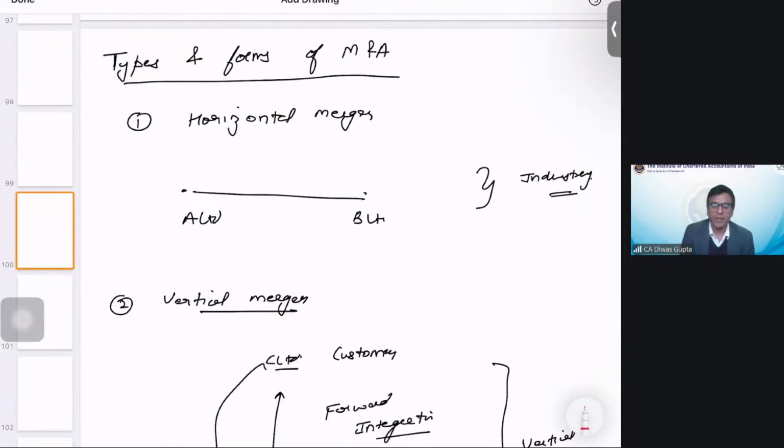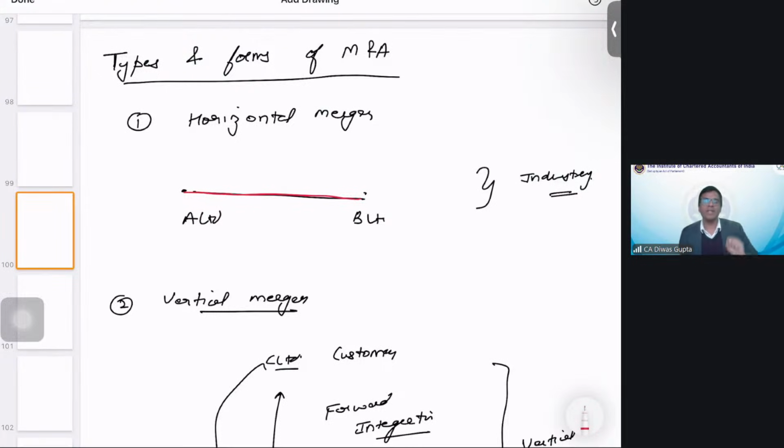Okay, then let's also discuss the different types and forms of mergers and acquisitions. What are the different types and forms of M&A? The first one is horizontal merger. Horizontal, as the name suggests, is merged horizontally. What do we mean by horizontal? An industry is a collection of a similar set of companies, right, which cater to similar consumers and produce similar products.